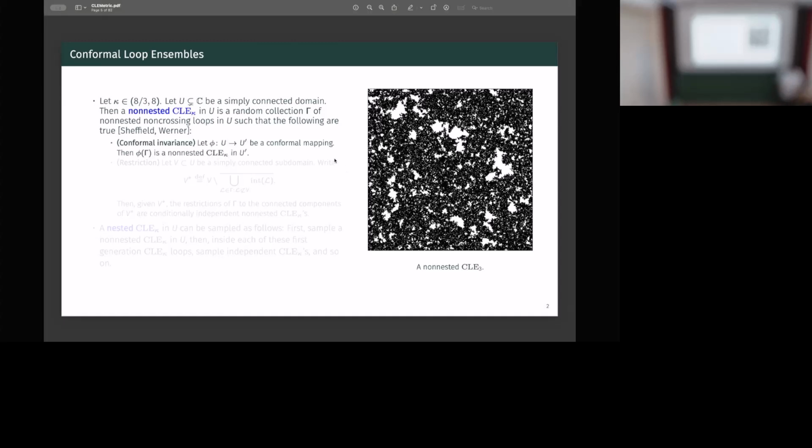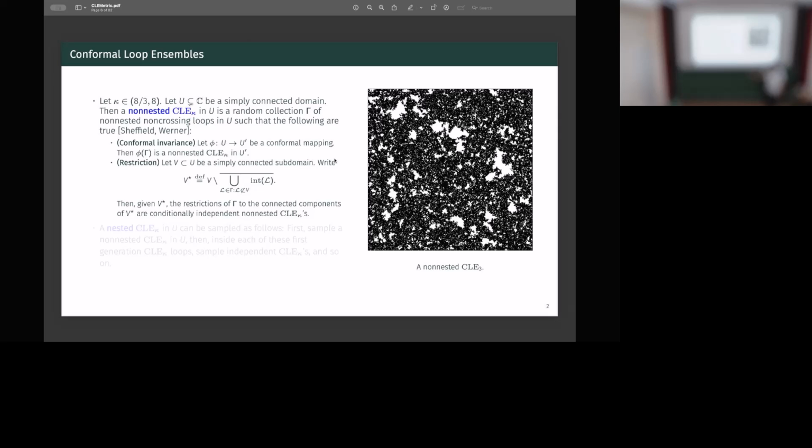It satisfies some properties. First is conformal invariance. You have any simply connected domain, and you choose any conformal mapping. Then the image of a CLE in this domain is a CLE in that domain. And we also have a property called restriction. If this is U, and you choose a smaller domain V, and you consider all the loops that are not fully containing V, there will be something like this.